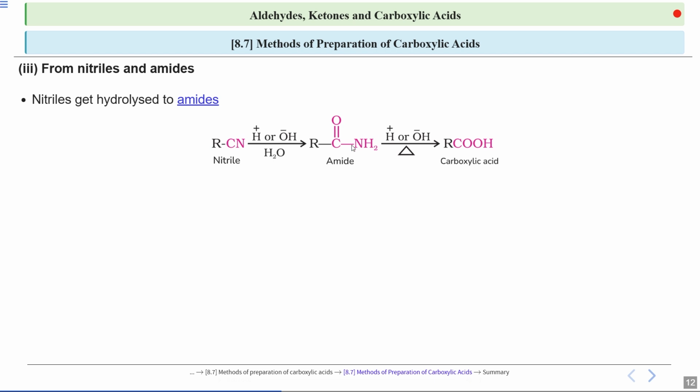If reaction conditions are mild, the reaction stops at this particular stage. But if you use stronger heating or a longer reaction time, then this amide breaks down into the carboxylic acid, that is, the NH2 group gets replaced by the OH group. So amides are further hydrolyzed to carboxylic acids.